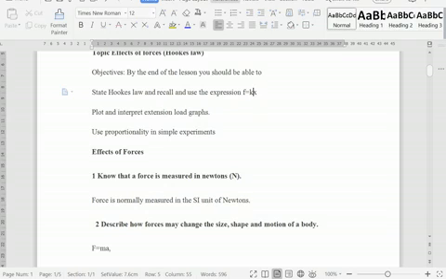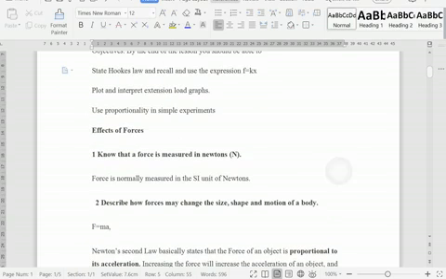There will be examples, and I'll give you a table which will have some information in it, and you will then draw the graphs and send them to me on our WhatsApp physics group.